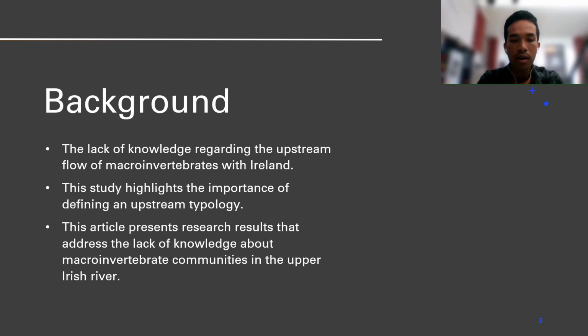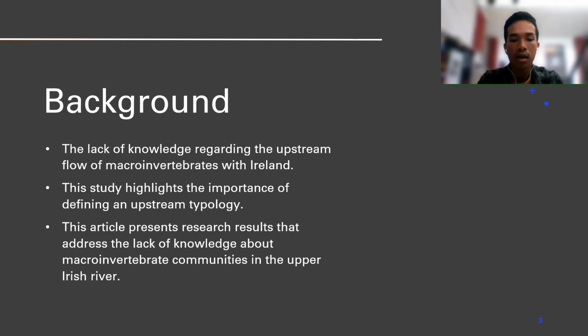And then the second one is this study highlights the importance of defining an upstream typology so that conditions for each species can be established and thus form a basis that can be used to support future biodiversity or water quality.